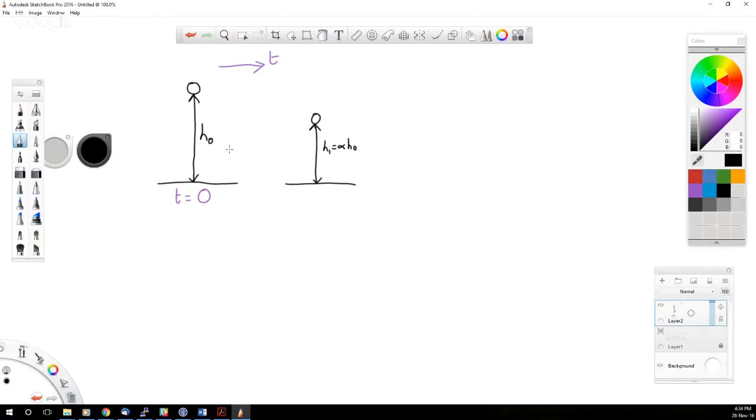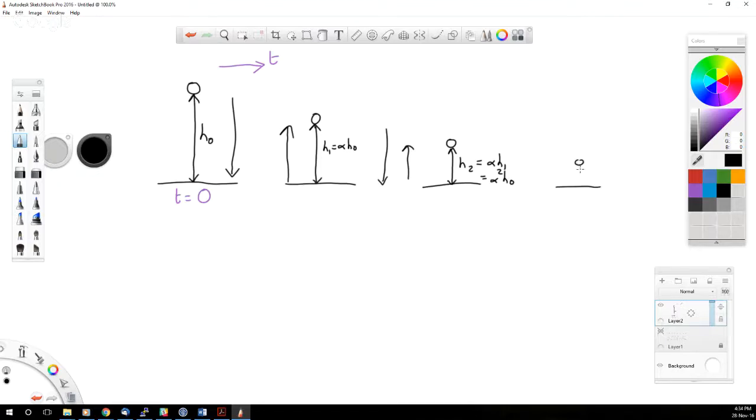So it's going to come down here and then bounce back up again, and then comes down here, bounces back up again, but this time to a height h2, which is equal to alpha h1, which is equal to alpha squared h0.